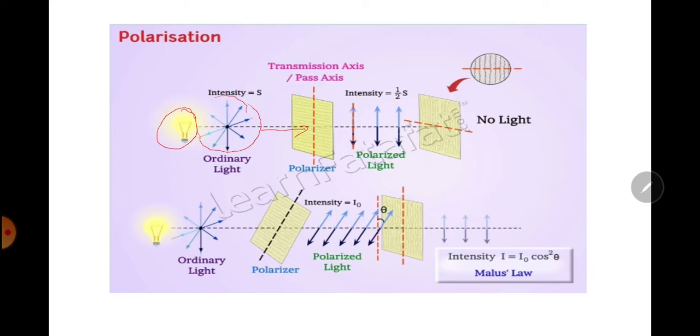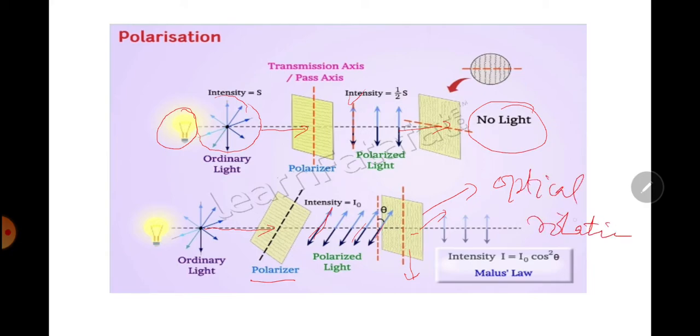It blocks all types of vibration, only vertical can pass through it. The vertical is also blocked, so here no light. This is arranged in a different way, only this can pass. This converts the vibration into vertical vibration. This is called the polarizer, this is called optical rotation. It changes the angle of vibration.